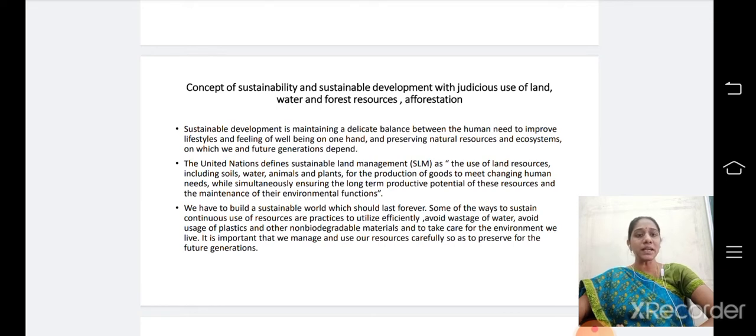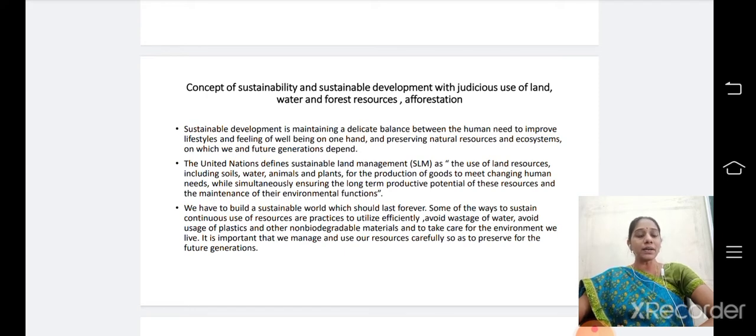So we must avoid the usage of plastic. You know what the problems are with using plastic. So you must ban plastic, because of plastic the environment gets polluted, and we must avoid wastage of water.